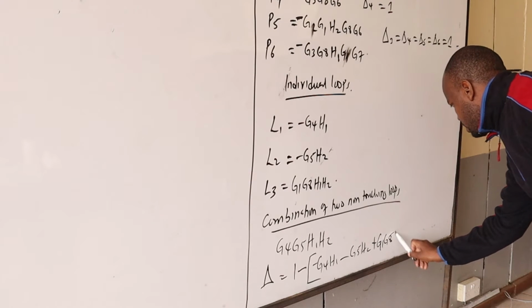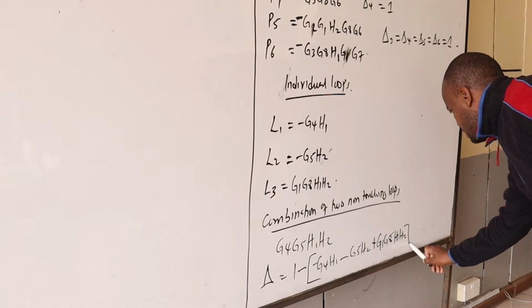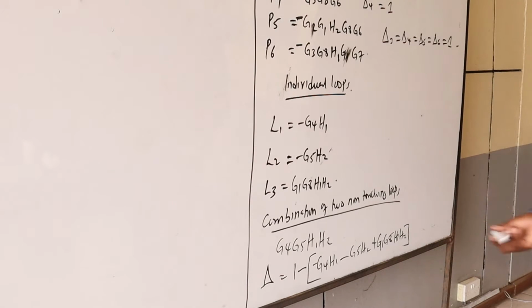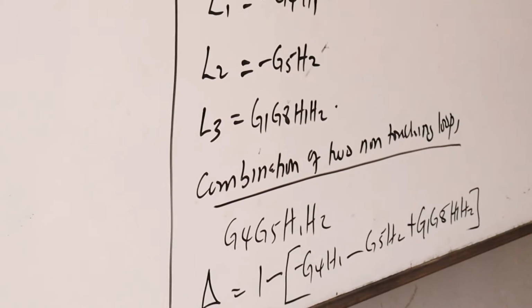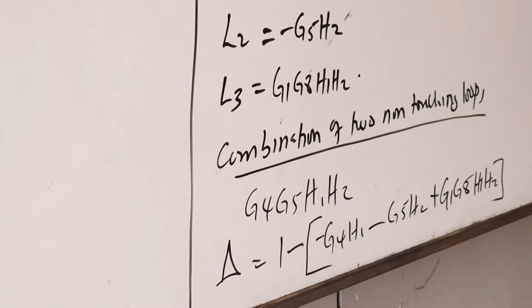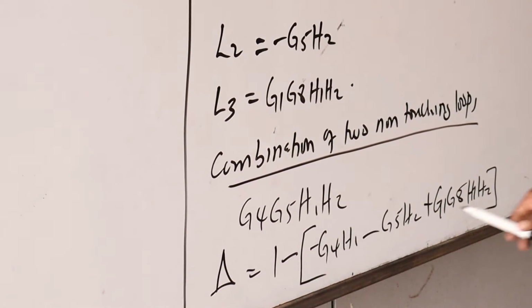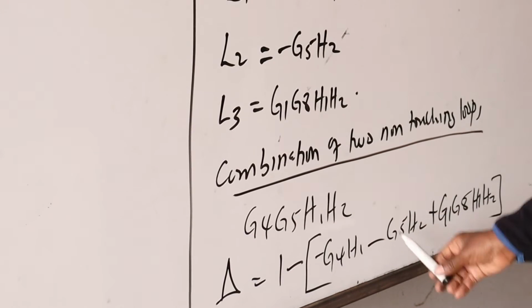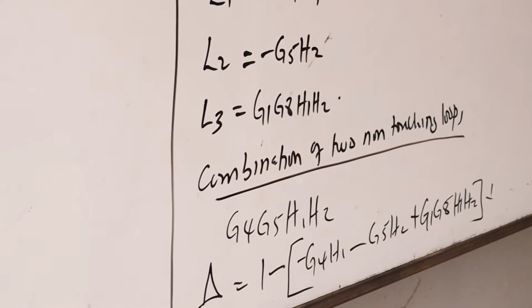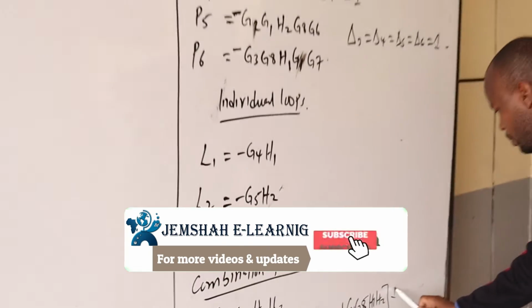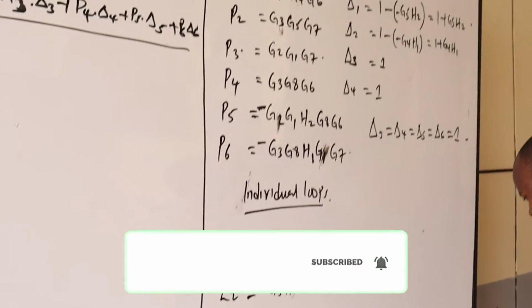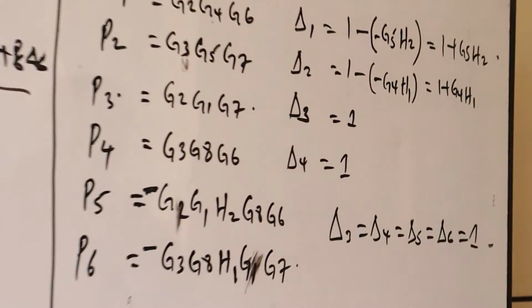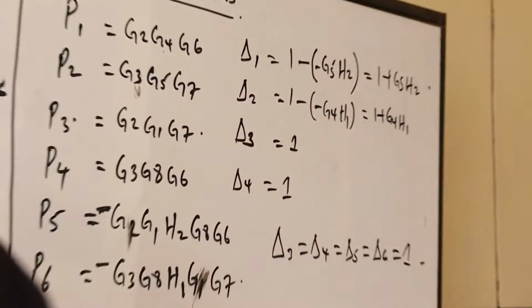If you simplify it, the negative sign is going to cancel the others. Then plus the combination of non-touching loops, which is G4 G5 H1 H2. If you simplify, we get our overall determinant.